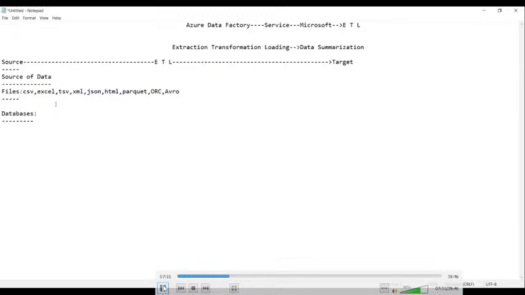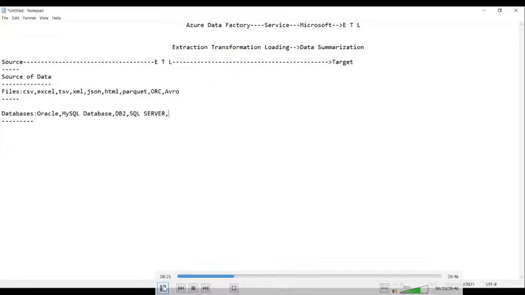So what are the databases you can have? You can have Oracle database, MySQL, PostgreSQL, DB2, SQL Server, Cosmos DB, MongoDB.